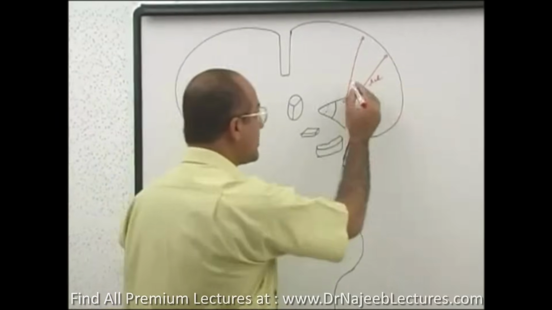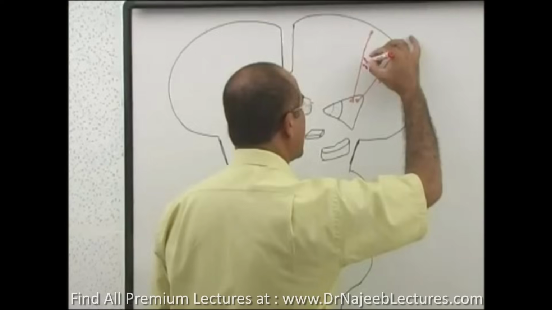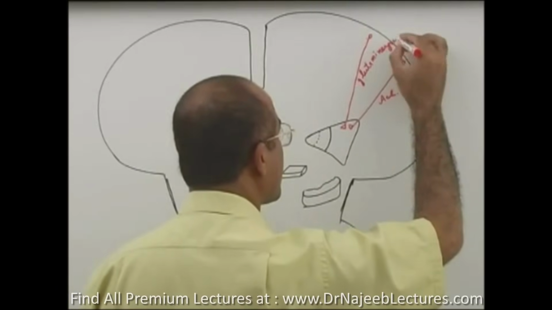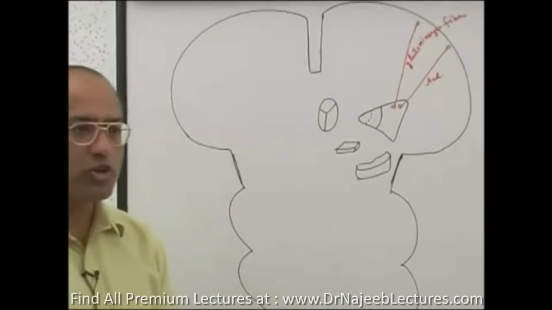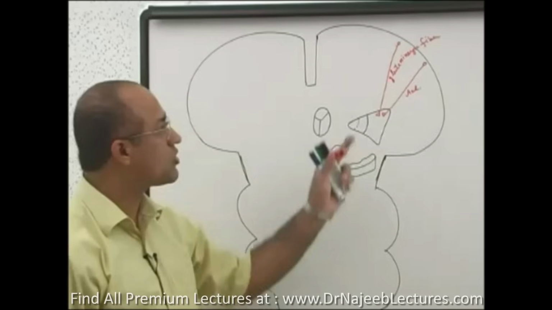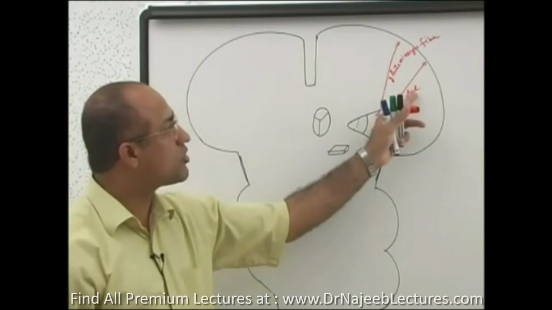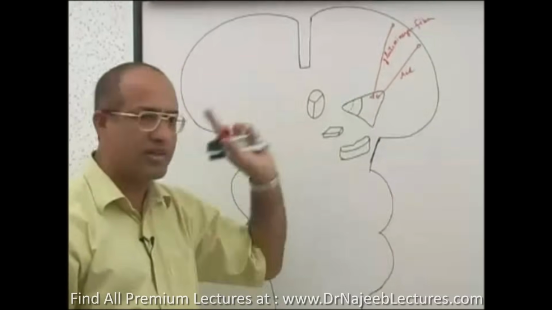Other fibers release glutamic acid here, so they are called glutaminergic fibers. So we can say as step 1 that they are corticostriatal fibers, and corticostriatal fibers are mainly stimulatory fibers, and they consist of which fibers? Cholinergic fibers and glutaminergic fibers.